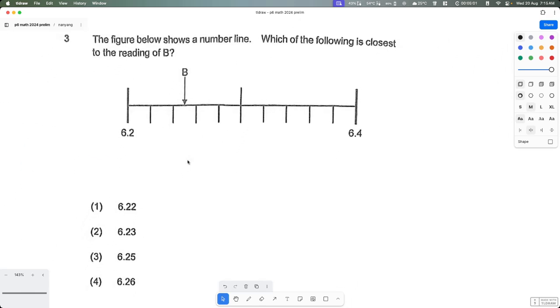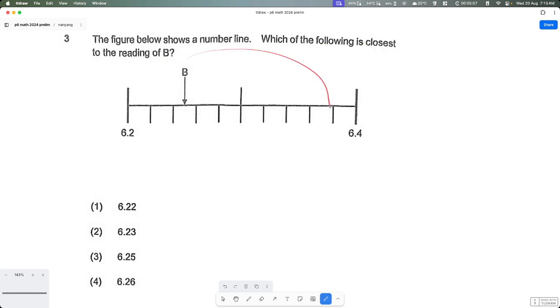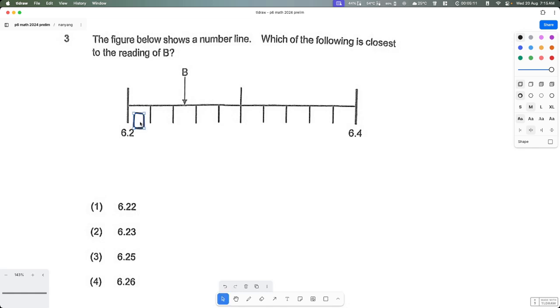Question number 3. The figure below shows a number line. Which of the following is closest to the reading of B? Okay, so you see there are 10 gaps from 6.4 to 6.2, which is equal to 0.2.